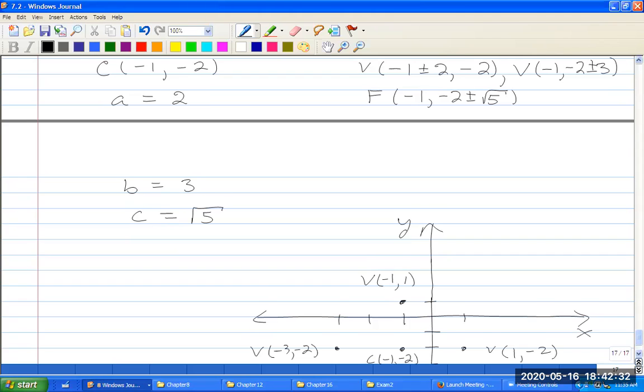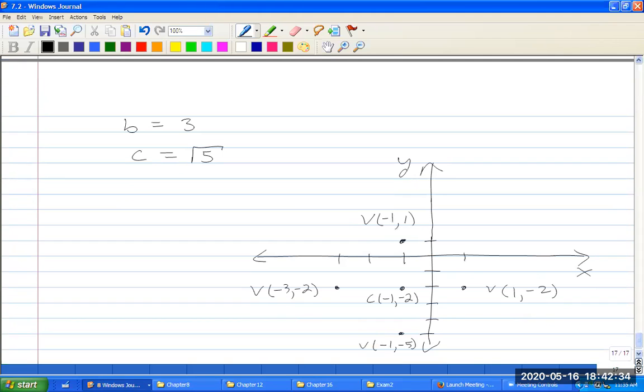Good. Okay, so now that's correct. I was just checking, and that's the square root of 5. So you go a little bit over 2. So here, the focus is at -1, rad 5 minus 2.